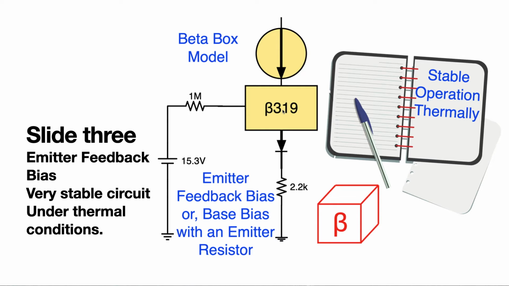And as they get warm, the turn on of the diode or the transistor junction becomes smaller, and beta in a transistor starts to develop into a higher value. So while at room temperature we've got a DC beta here of 319, at a higher temperature the beta for this transistor that we use, the BC547, would be much higher indeed.